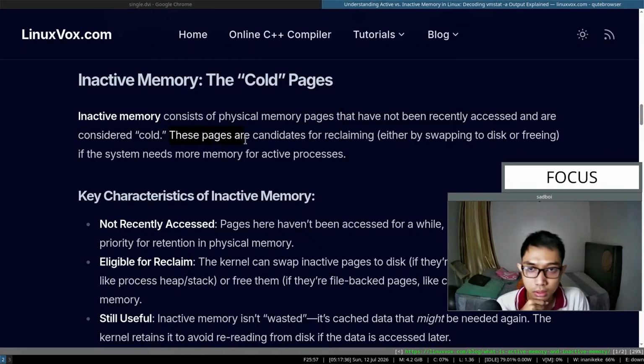These pages are candidates for reclaiming, either by swapping to disk or freeing, if the system needs more memory for active processes.